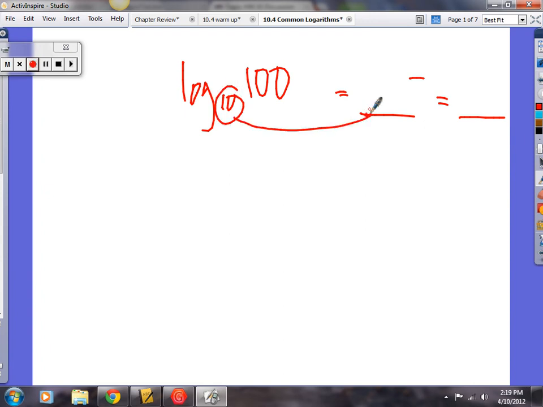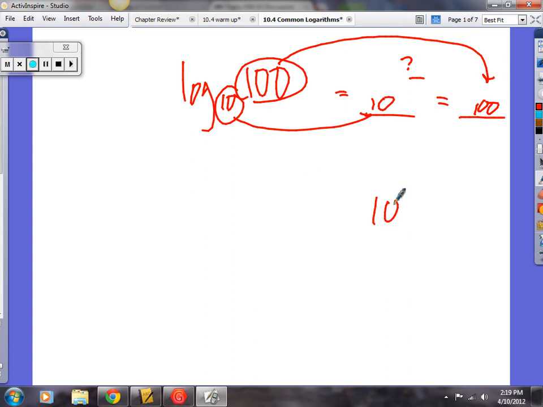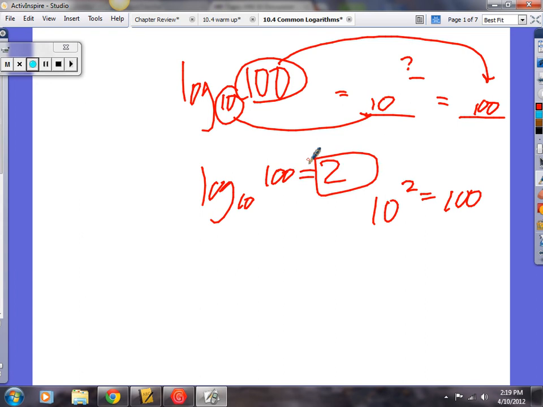This is your base, so that's 10. The 100 is what it is equal to. So you're trying to find the exponent that's going to give you 100 when your base is 10, and it has to be 2. So the log in base 10 of 100 is equal to 2.